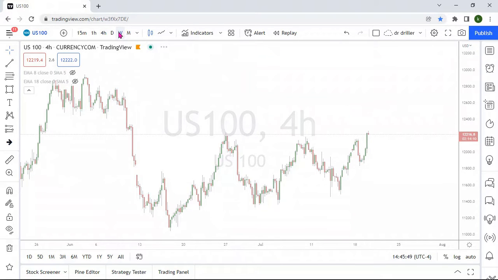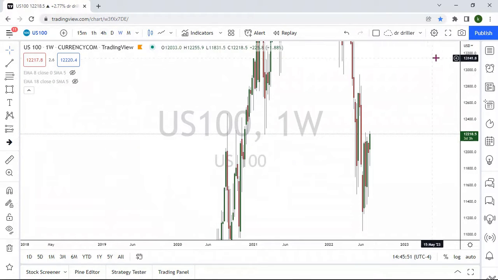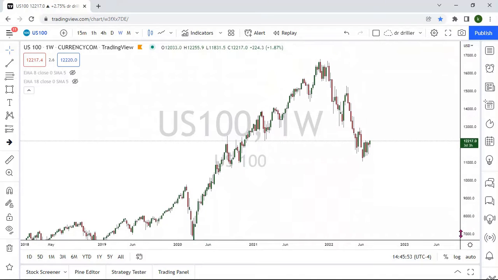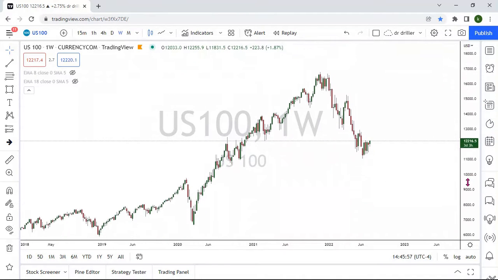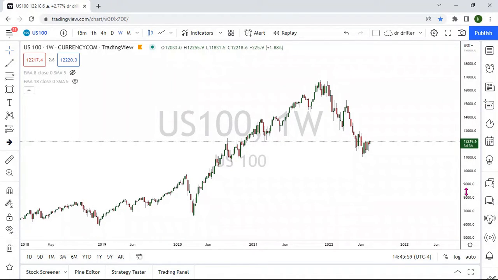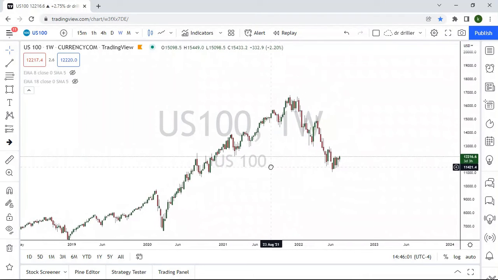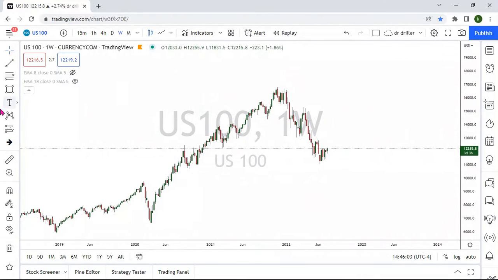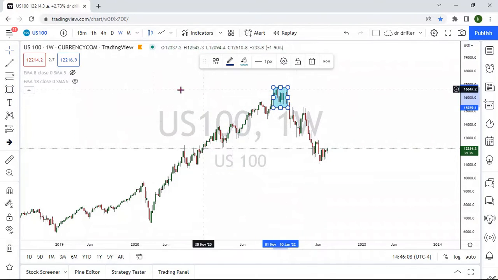So going to our weekly chart, you just want to read the price action before concluding anything, guys. On the weekly chart, there are two specific areas of interest.